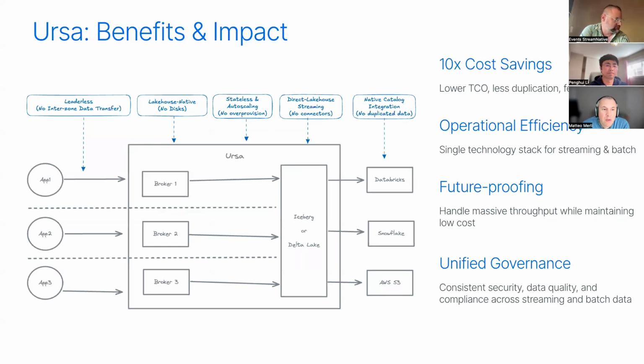The broker will use the Lakehouse native storage and the write-ahead log, writing directly on cloud storage, on S3 or GCS. So it will not use data replication across brokers. Instead, we rely on the cloud storage replication, so that we don't cross the boundary there, and at the same time, we can have multiple brokers writing on the same stream in a safe manner.